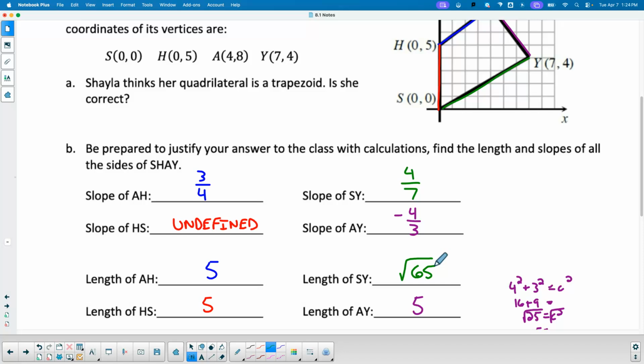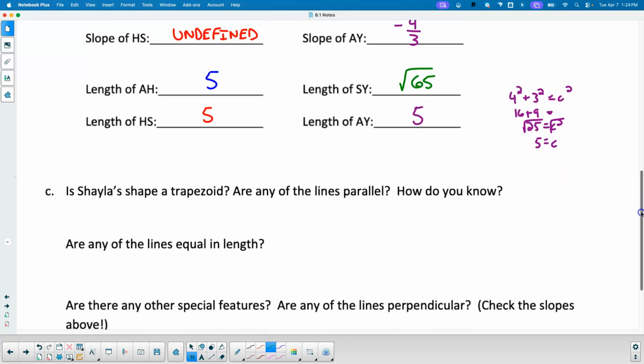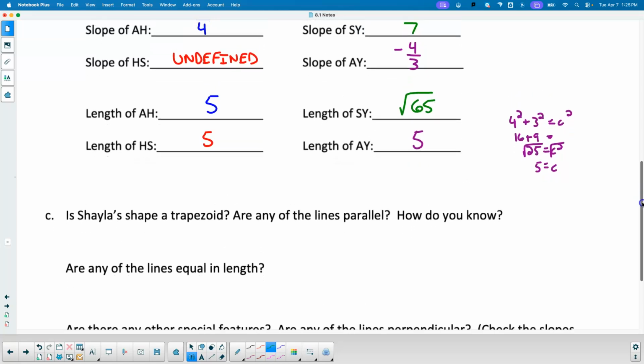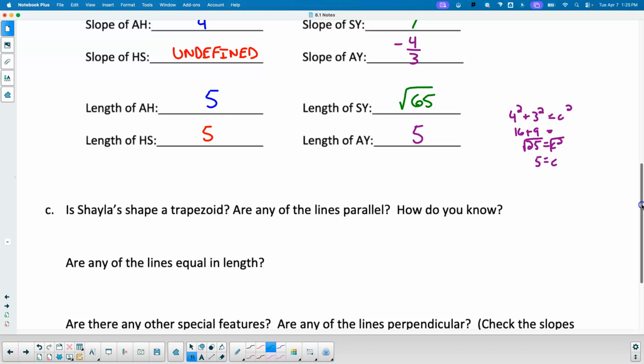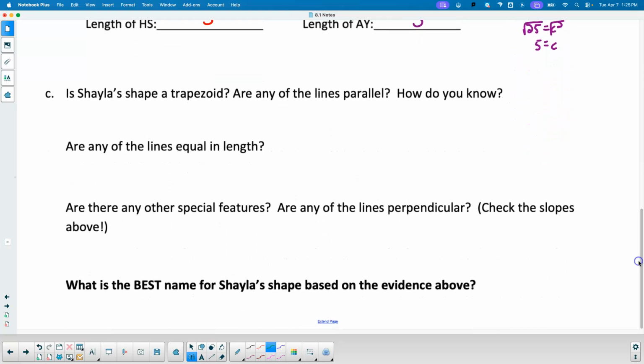It's not anything based off of the side lengths. So if it's nothing, then what is it? What would you give as the best name for Shayla's shape? Quadrilateral is the best name that you could come up with. Yep.